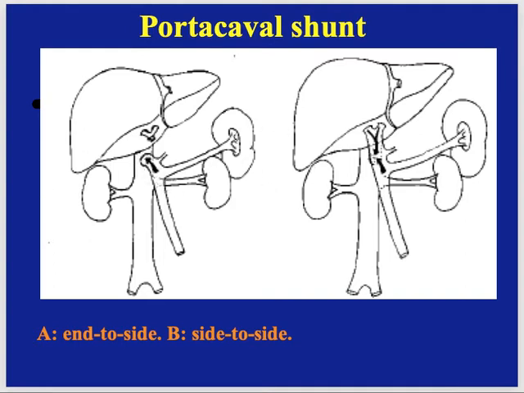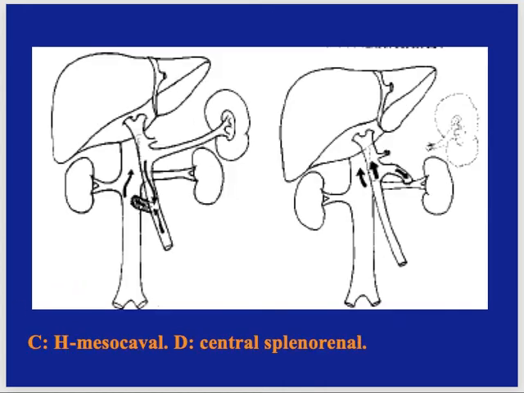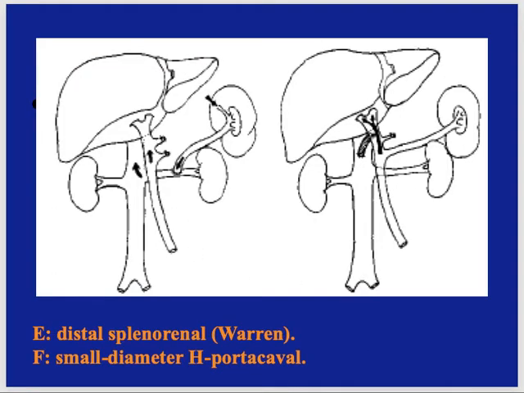How they form the shunts: end-to-end shunt, side-by-side shunt, and mesocaval shunt, and splenorenal shunt, and distal splenorenal shunt, and this is a small-diameter portocaval shunt.